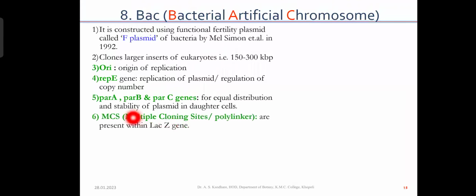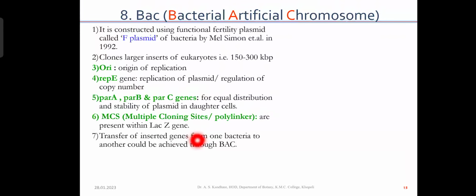Then it has MCS, multiple cloning sites or polylinker. So this polylinker MCS is present within the lacZ gene. तो इसके अंदर भी lacZ जीन है और उसके ऊपर यह मल्टीपल क्लोनिंग साइट है या पॉलीलिंकर है.